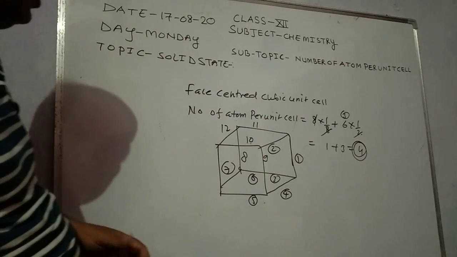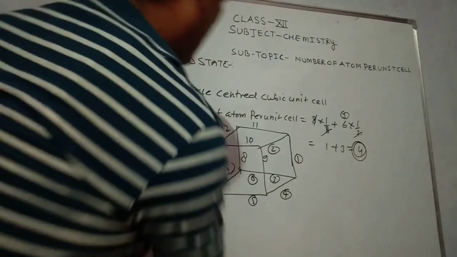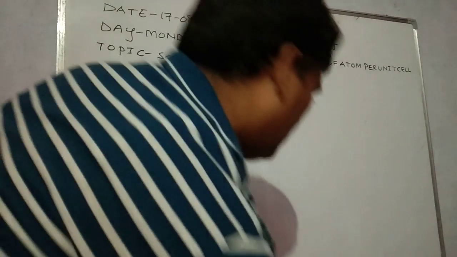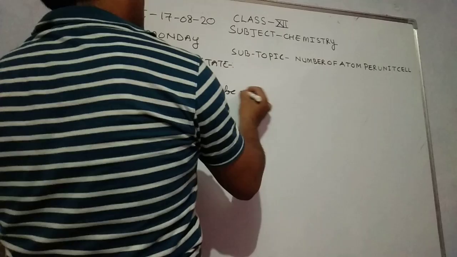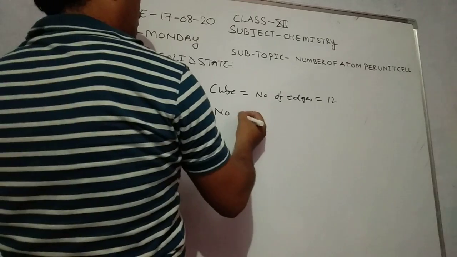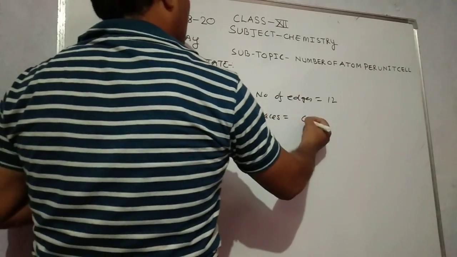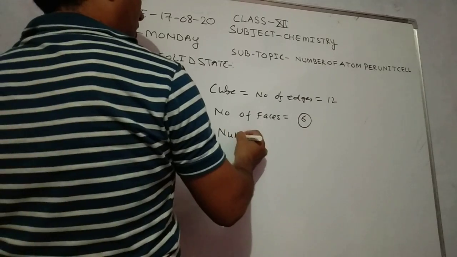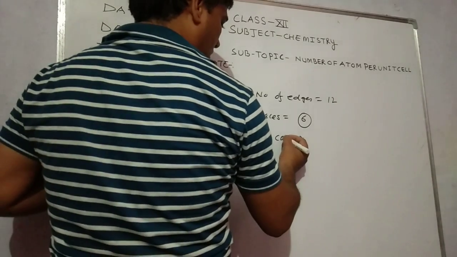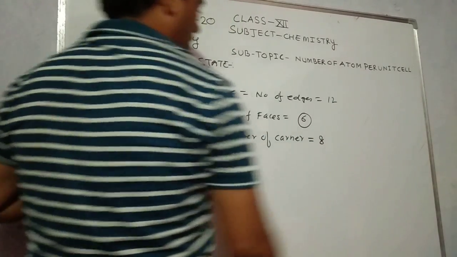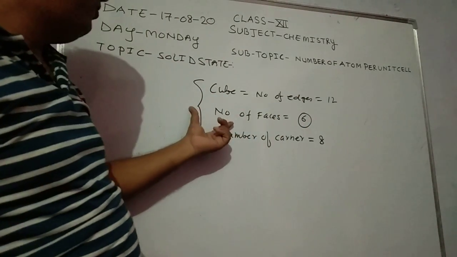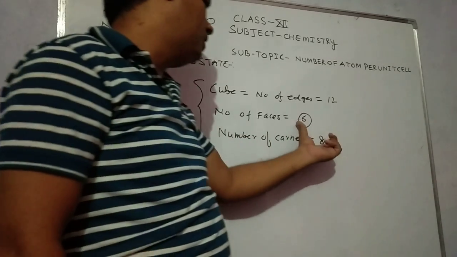So in a cube, the number of edges is equal to 12, the number of faces is equal to 6, and the number of corners is equal to 8.